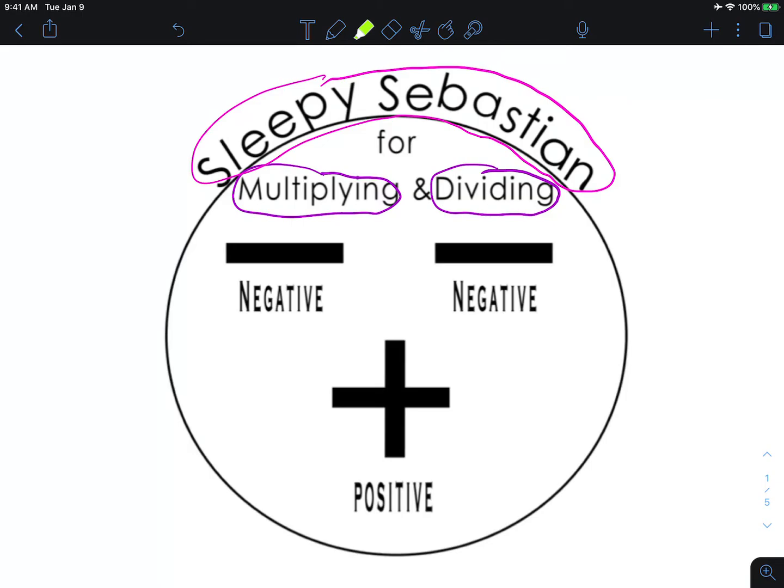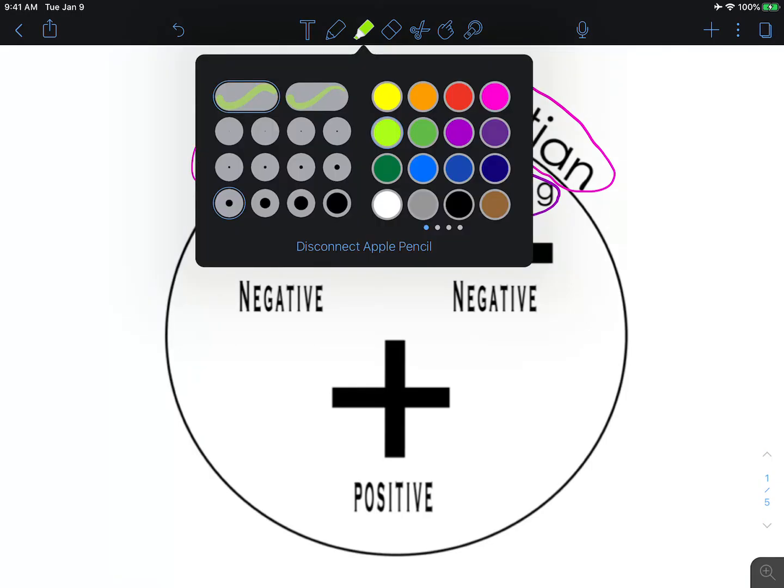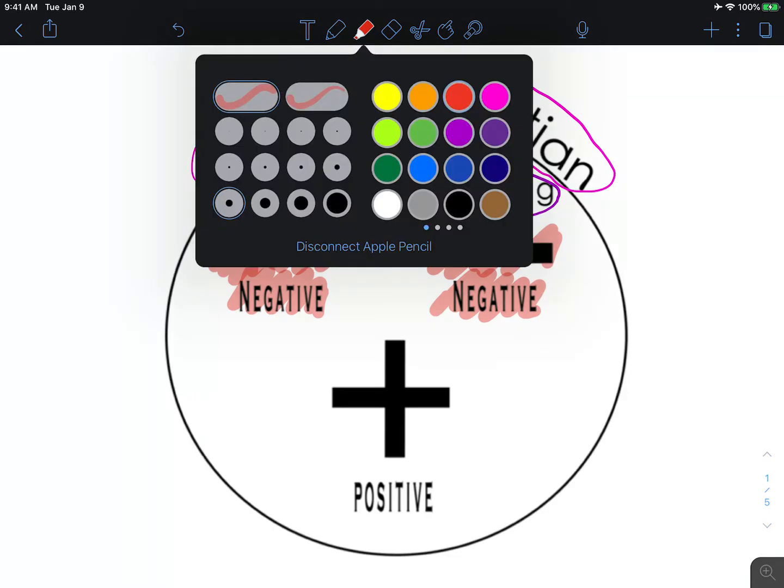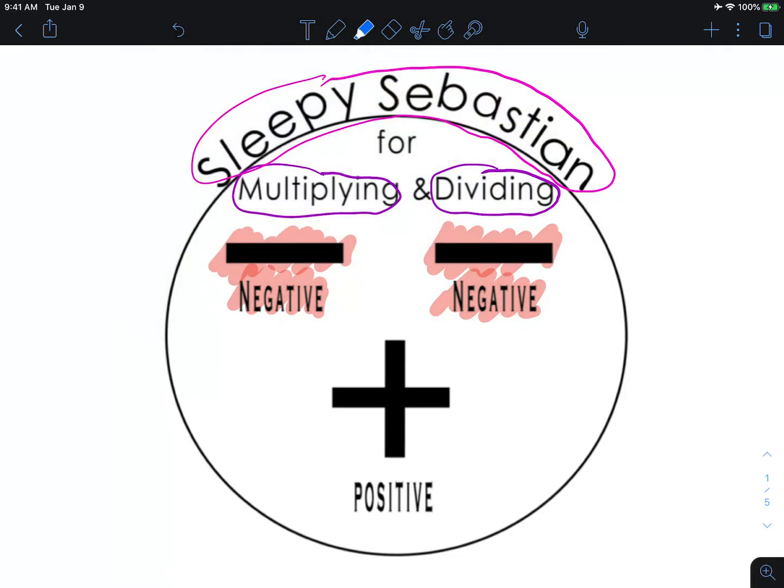If you notice, those two are negatives. So these negatives I'm going to color in, highlight in red. That's a negative, and that's a negative. And then this positive here is in blue.